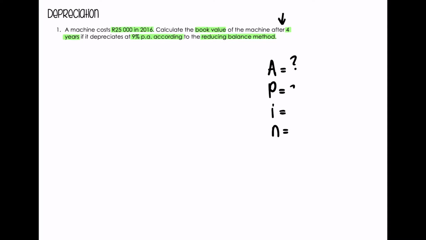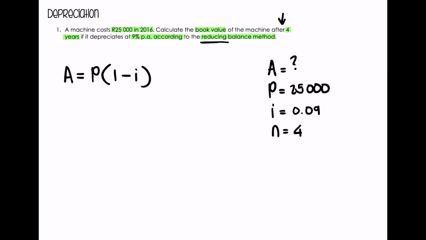The machine costs 25,000 when we start. My interest rate is 9%, so my I value is 9% divided by 100, which is 0.09, and it's for 4 years. It says the reducing balance method, which means that I'm going to use my compound interest formula except with the minus. So A is equal to P into 1 minus I raised to the power of N.